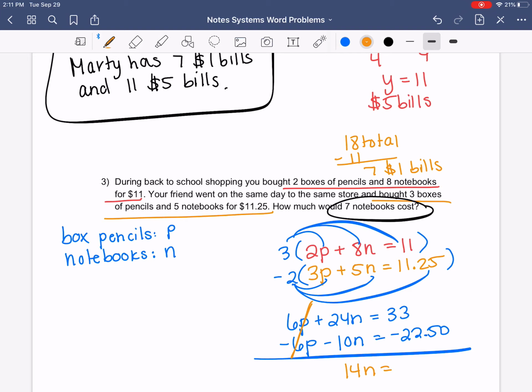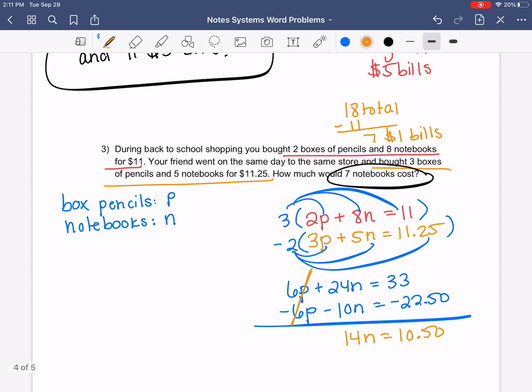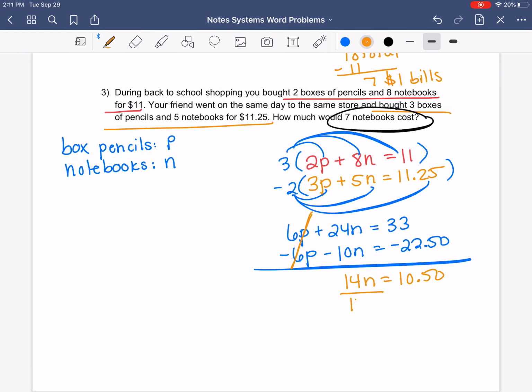And 33 minus 22.50 is $10.50. I'm going to divide that by 14. Well, I do have some more room. I was afraid I wasn't going to have room on my paper. Divide that by 14, and I get that a notebook costs 0.75. So a notebook costs 75 cents.